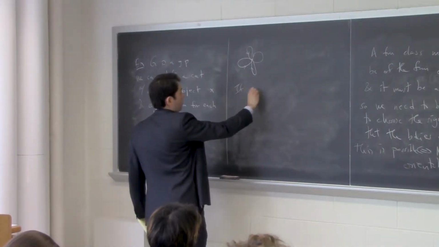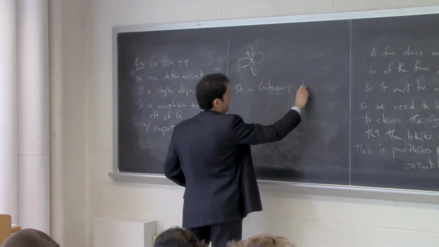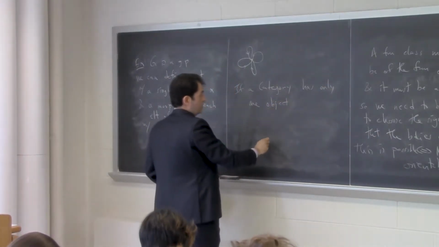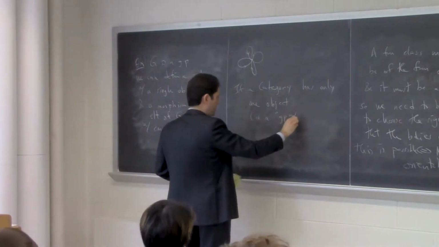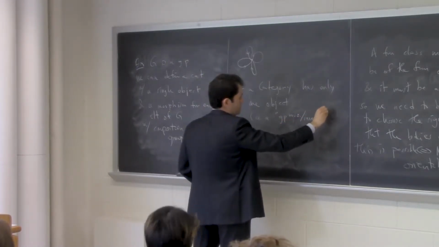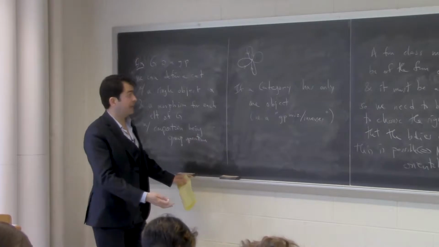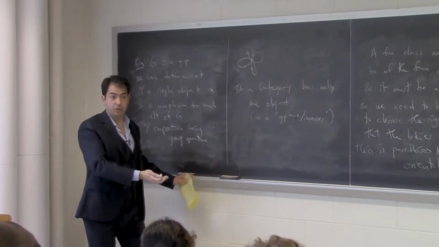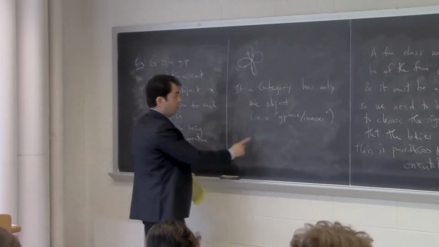If a category has only one object, you could think of this as a group without inverses. Because the definition of category tells us that multiplication, which think of the composition as being a multiplication of the arrows, is associative, but there's no axiom giving us inverses.